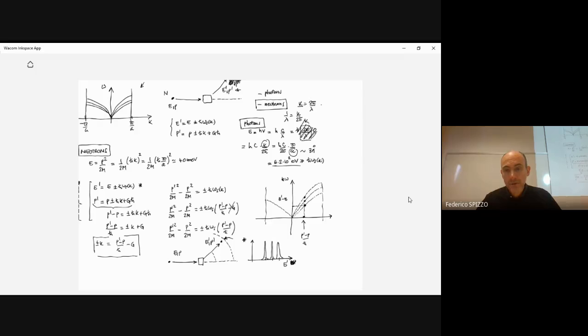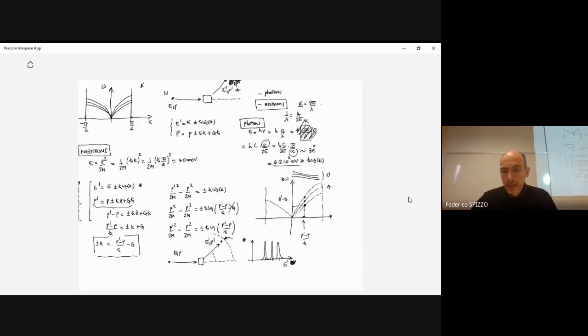In case you have also optical phonons, you will have additional peaks that are related to the presence of the optical branches that are up here. So in case you have both acoustical and optical, you will observe additional peaks in the diagram.